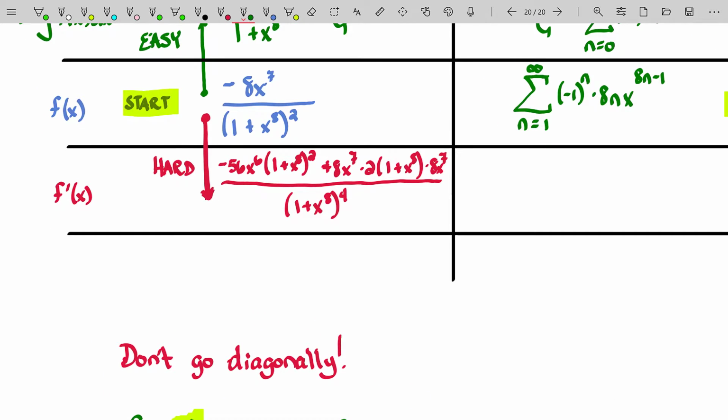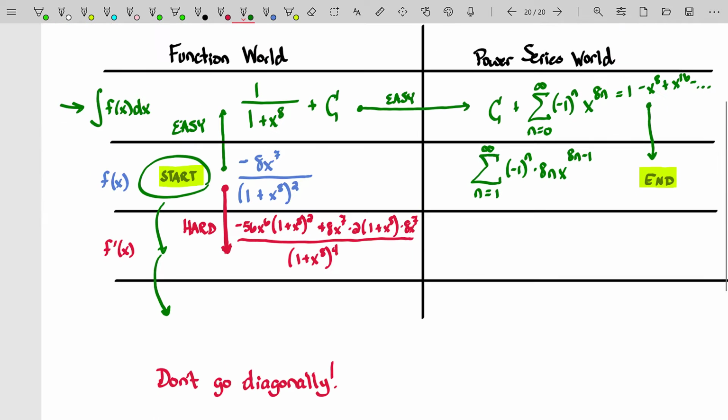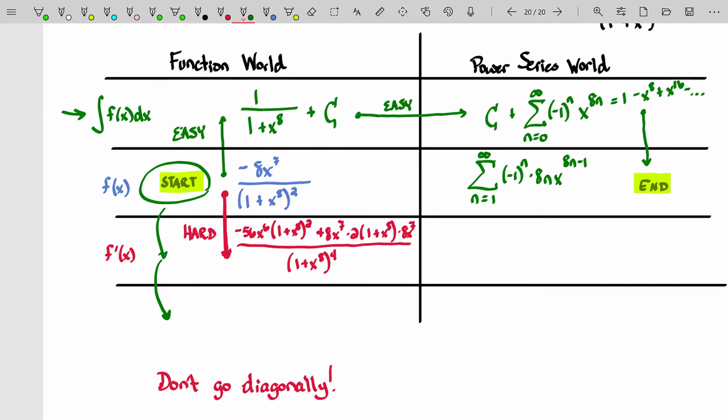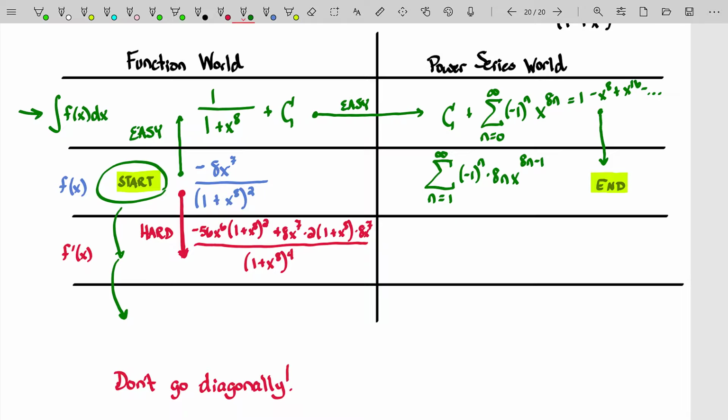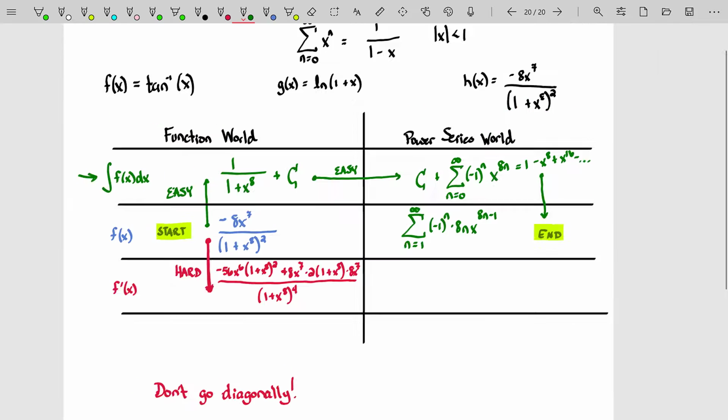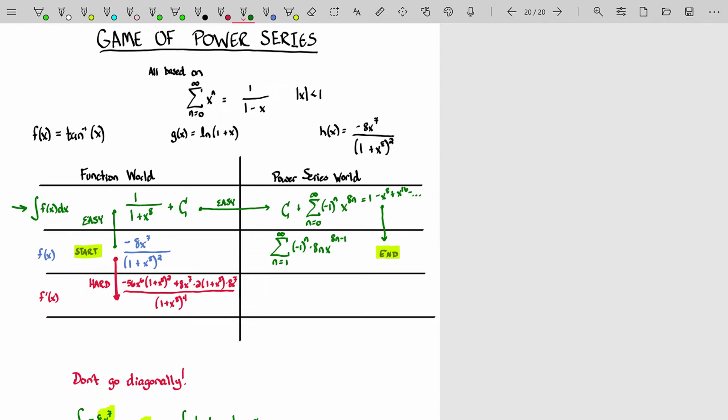So sometimes you'll start at some value and maybe you need to take 2 derivatives to get to something that's workable. So having 3 rungs or 3 rows here is important to start with, but you might have to increase the number of rows so you can climb higher or go lower in this process. But that is the game of power series, in my opinion.